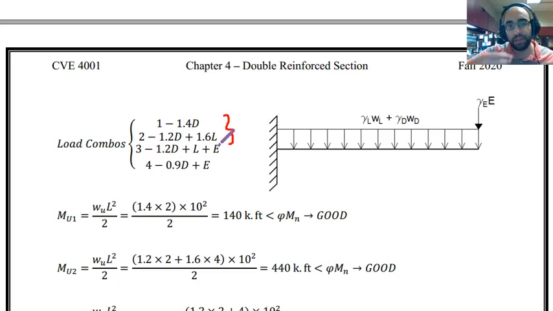These are the two famous gravity loads that we used before a lot. The additional load combinations that I have over here, number 3 and number 4, are the load combinations that include earthquake load. So one of them is 1.2 dead plus live plus earthquake, and the other one is 0.9 dead plus earthquake.